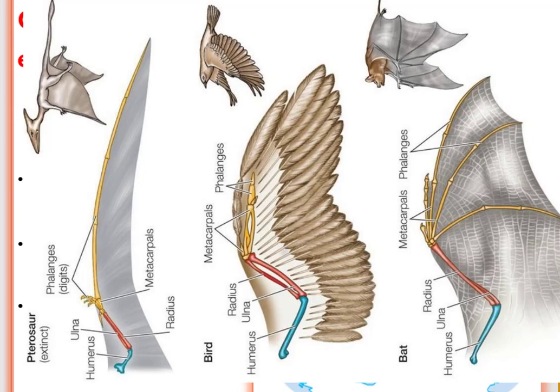This indicates that these different organisms evolved from different ancestry, but they gradually evolved to be similar, or they gradually converged, due to similar environmental factors or the same selection pressures.